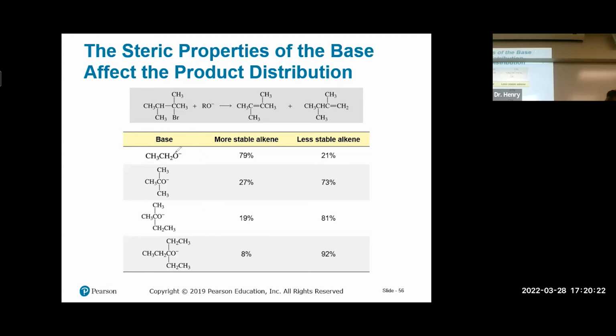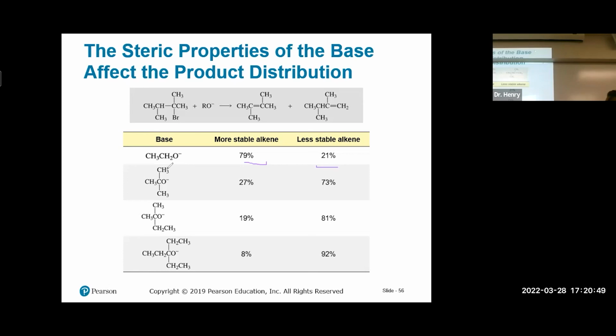For instance, if we have a very simple base, such as this ethoxide, the more stable product is going to be favored, but we're still going to get some of the less stable product, like we saw earlier.